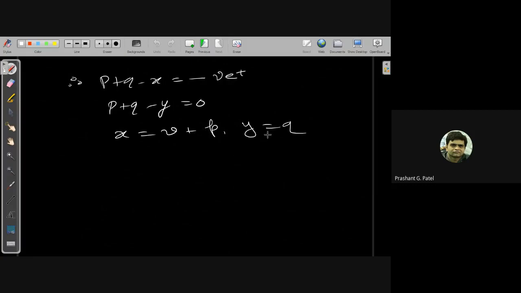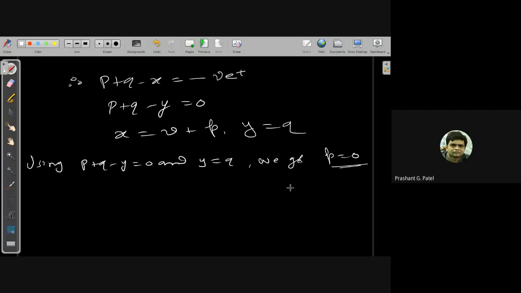So if I substitute this y equal to q into this equation, so using p plus q minus y equal to 0 and y equal to q, we get p equal to 0. You just see that q is cancelled out, we'll get p equal to 0.